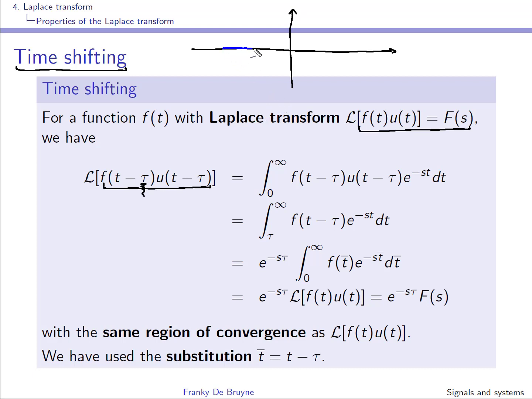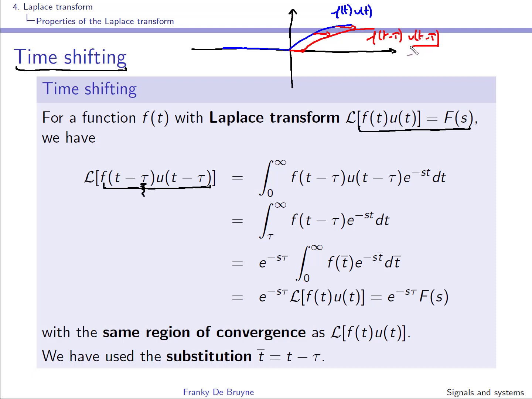What we'll first do is represent the signal, sorry, f of t u of t, and we'll draw it like this. Okay, f of t u of t is indeed causal, and this is f of t u of t. If you translate it or time shift it by the quantity tau, you'll obtain something that looks like this signal over here, and this is f of t minus tau u of t minus tau.